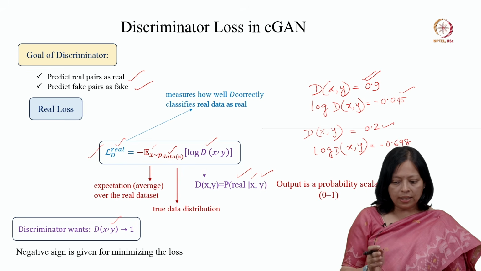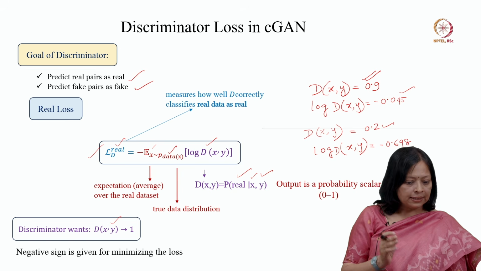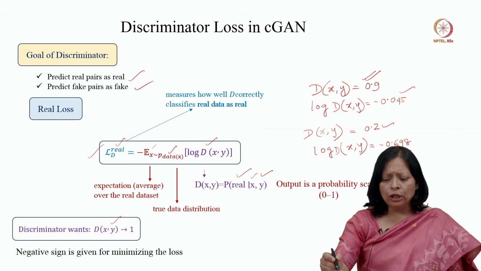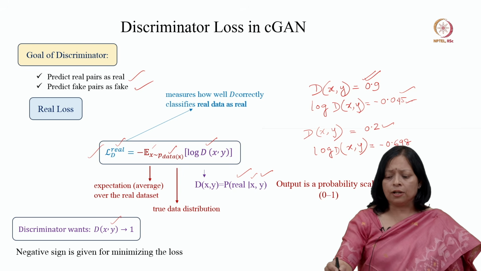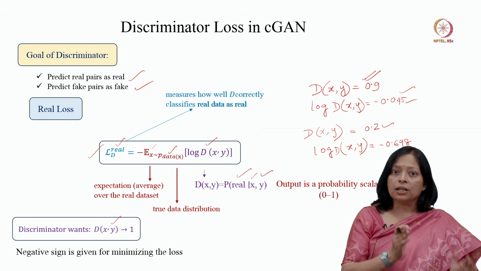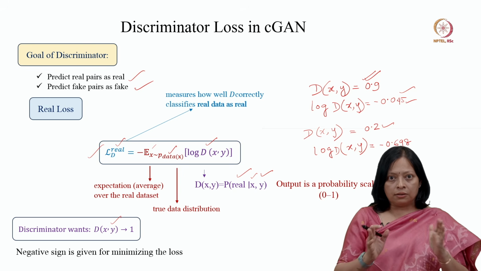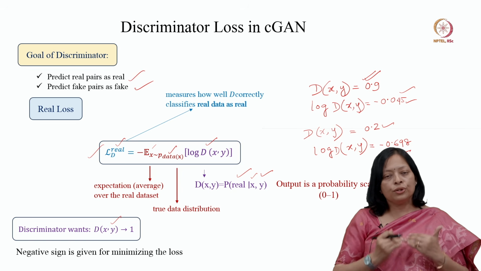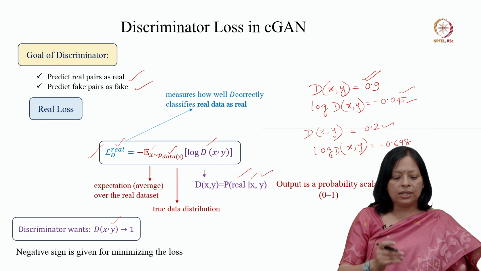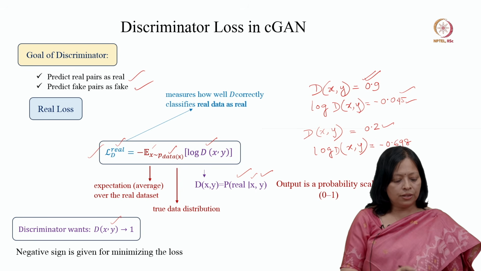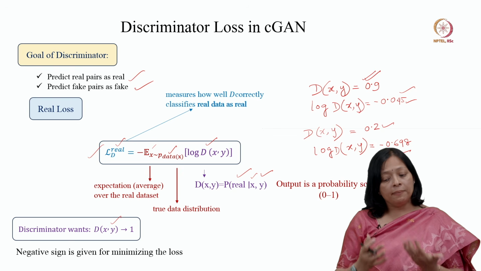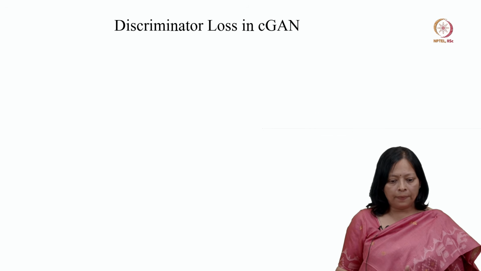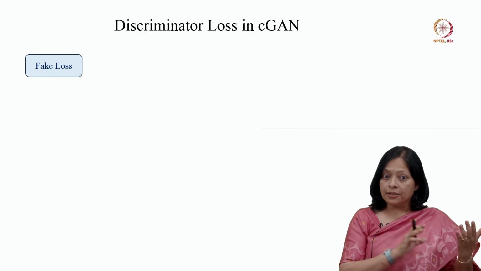That means the loss is more in this case compared to this one. But in deep learning, we always want to minimize the loss. So, we take a negative value here. Okay. So, the negative sign is given for minimizing the loss. Now, this is the real loss.